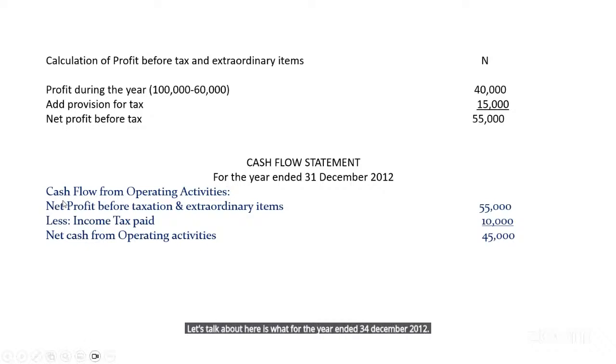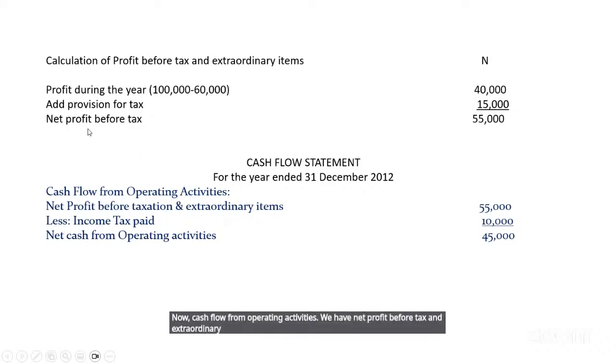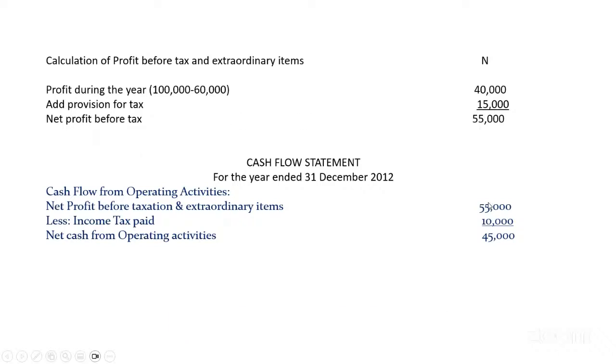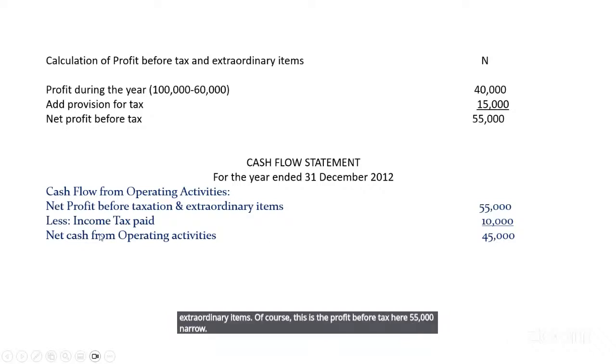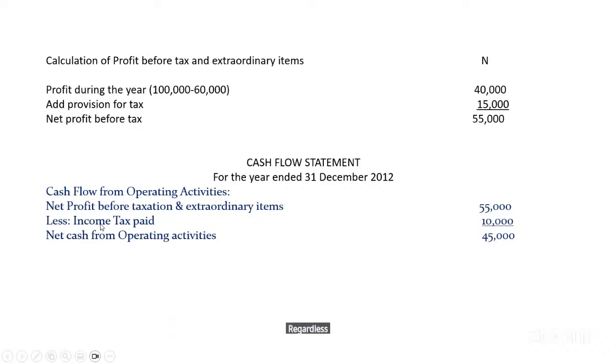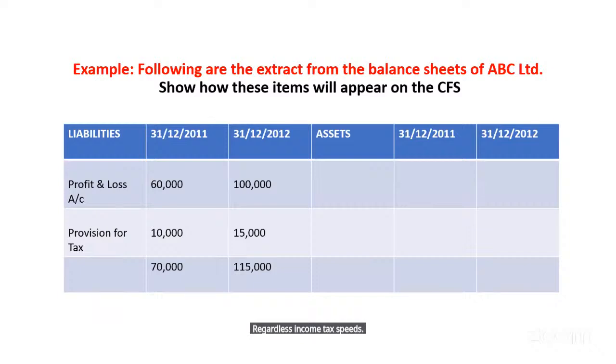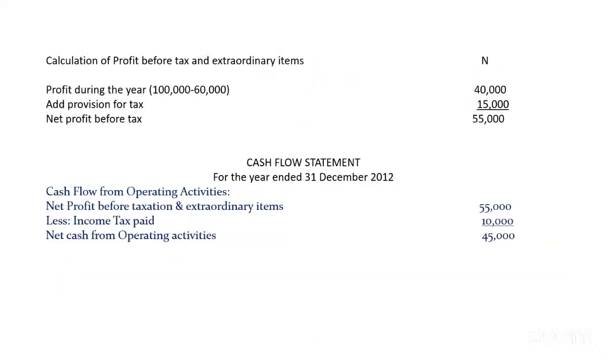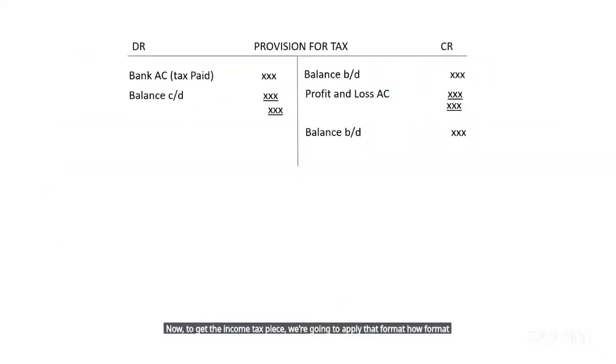Now, cash flow from operating activities. We have net profit before tax and extraordinary items. Of course, this is the profit before tax here, 55,000 naira. Then less income tax paid. Now, to get the income tax paid, we're going to apply that format, this format here.